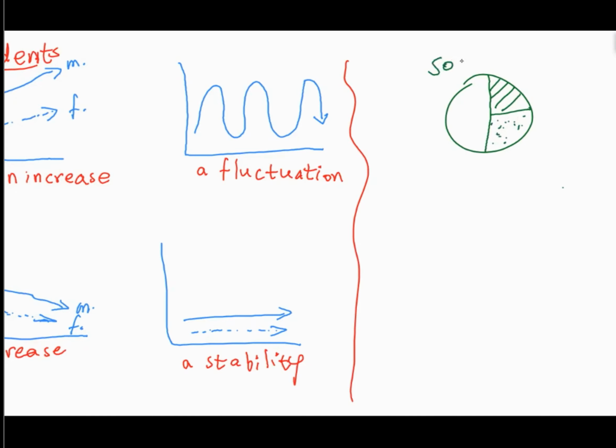Sources of family income. Sources of family income. Where does the family get money from? This is farming.